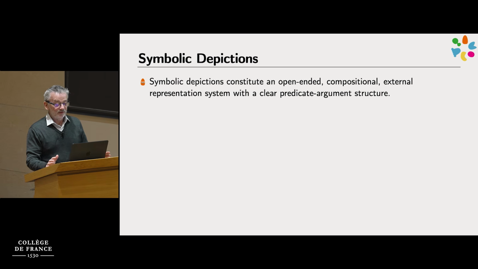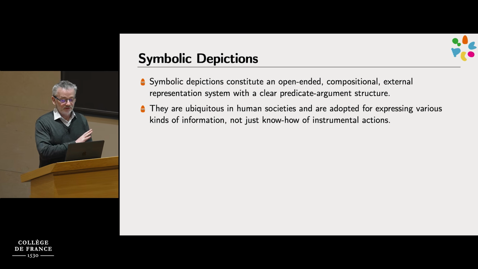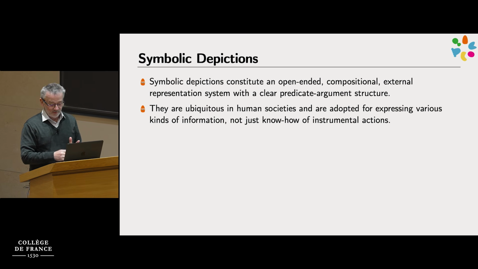It is an open-ended, compositional, external representational system which has a clear predicate-argument structure. And I would also argue that these are ubiquitous in human societies and adopted for expressing various kinds of information, not just this kind of know-how of instrumental actions that I showed before.